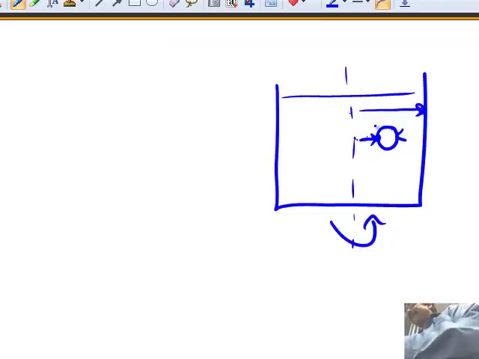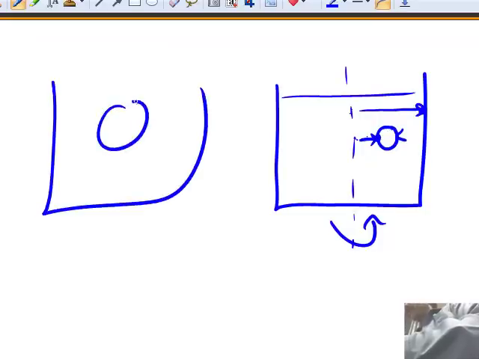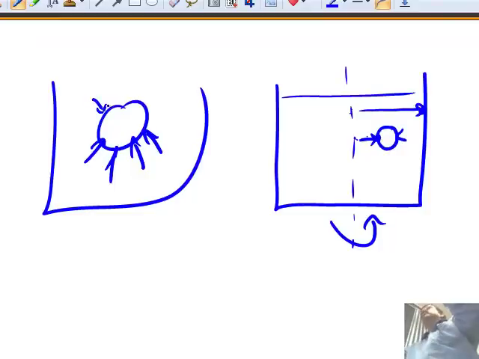Just like in a gravitational field, there were more forces pushing it upwards than pushing it down, because the pressure at the top level is lower than the pressure at the bottom level. That's what gives rise to a net force upwards, the buoyancy force. So in the same sense, the buoyancy force in the centrifugal field will always be pointing towards the center.